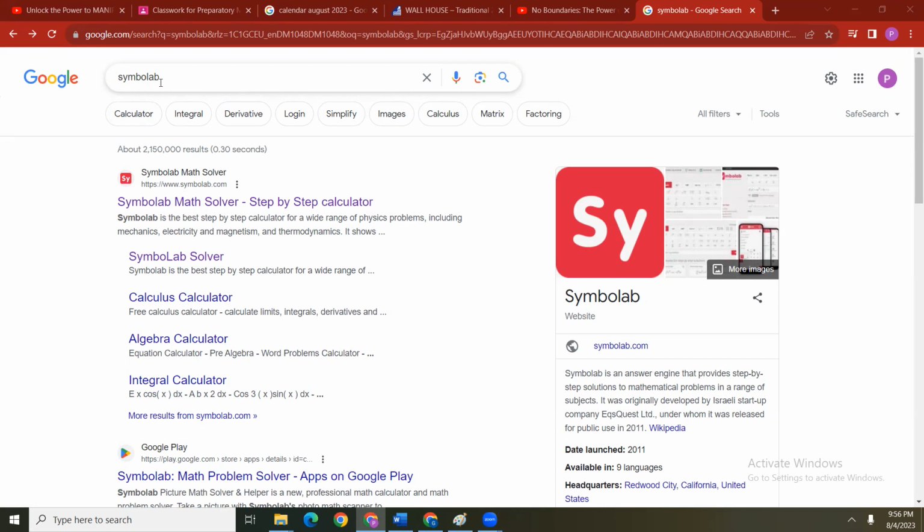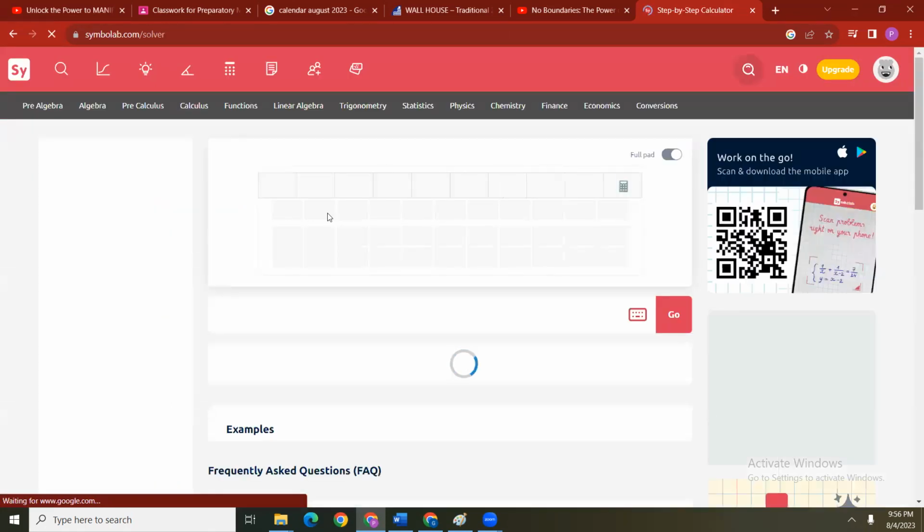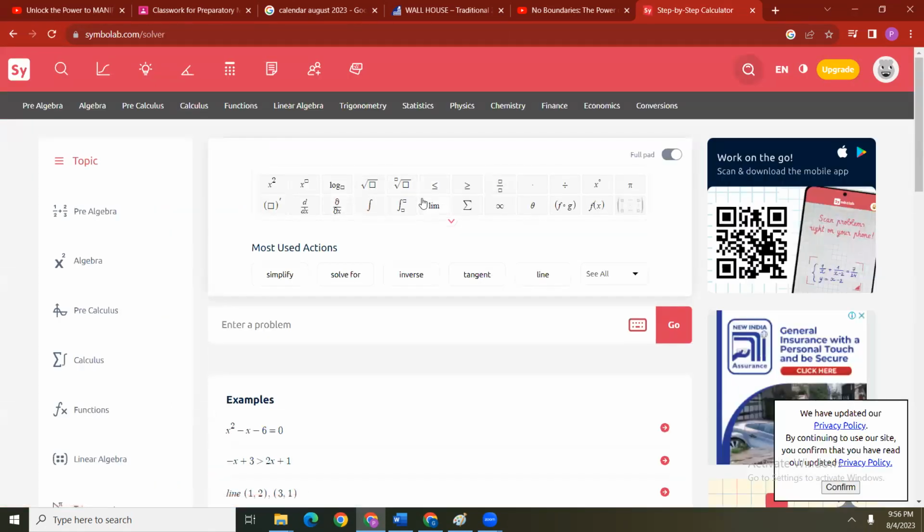So I guess that's a convenient name for this very useful calculator. Type Symbolab in Google, go to the Symbolab solver, and here you have the Symbolab calculator online. It's free, available for everyone to use.